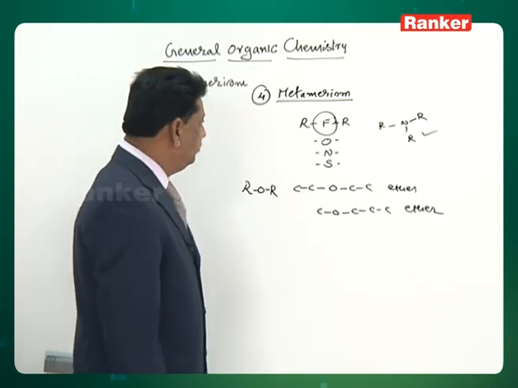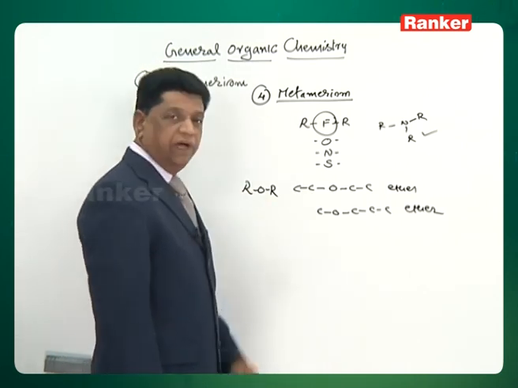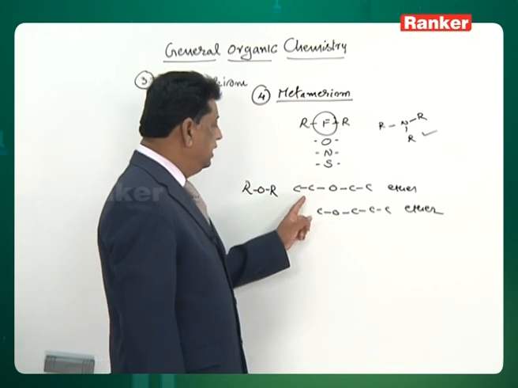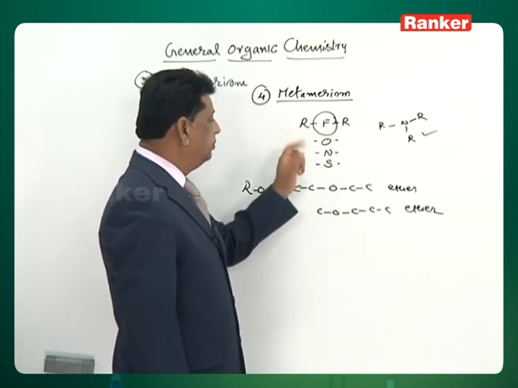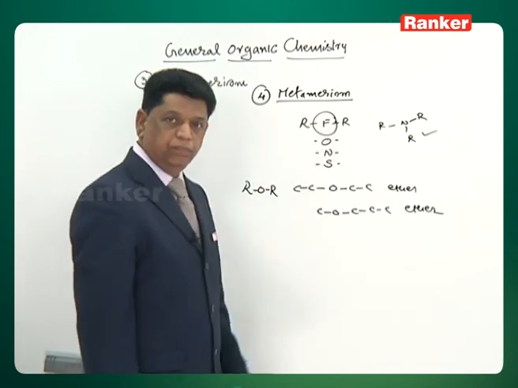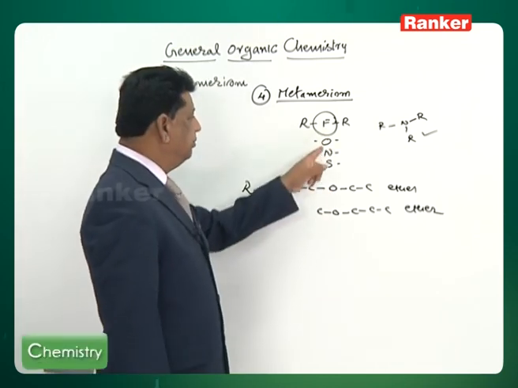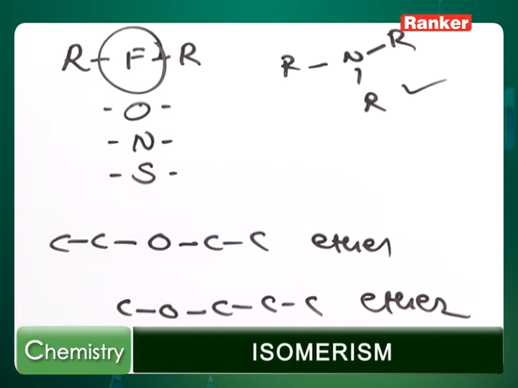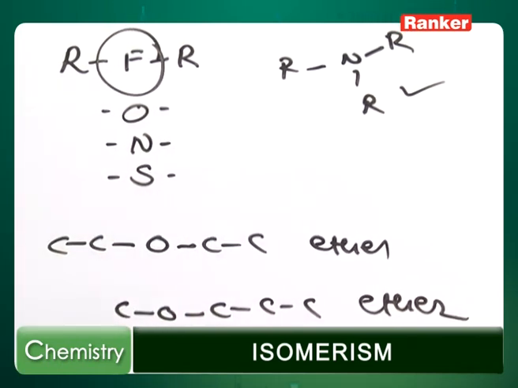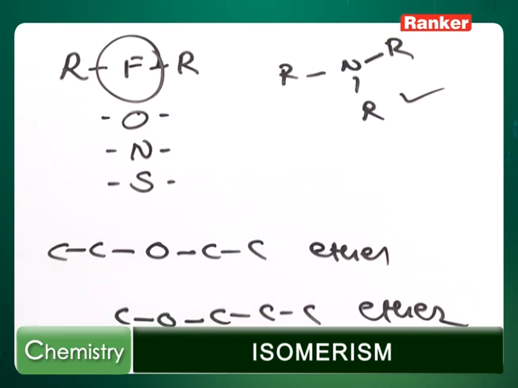Therefore, this type of isomerism we define as the rearrangement of the number of carbons present in the alkyl groups attached to a functional group made up of some hetero element, to give another type of arrangement. First I have 2 plus 2, now I have 1 plus 3.